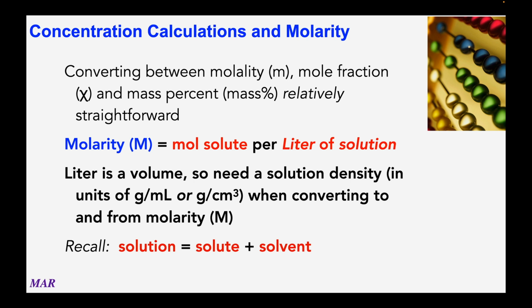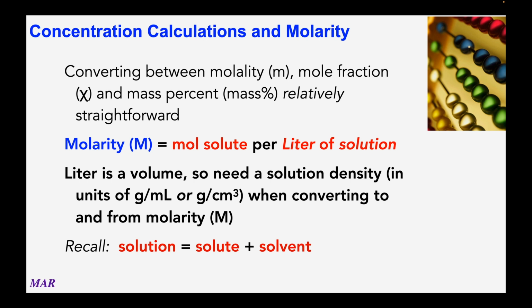But remember that in chemistry, the king of the concentration units is definitely molarity, capital M. And molarity is used more than anything else when it comes to solutions at Mount Hood and every place. Now, moles of solute isn't too bad because, for example, in molality, you need moles of solute. But a liter of solution, liter is a volume, and all of the other units, molality, mole fraction, mass percents, use moles or grams.